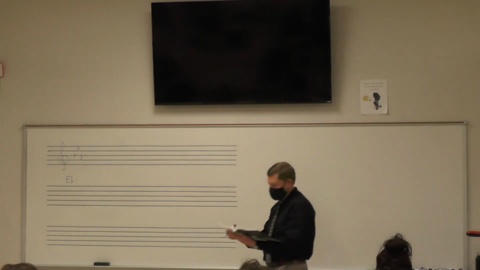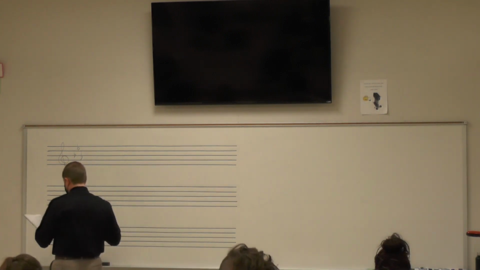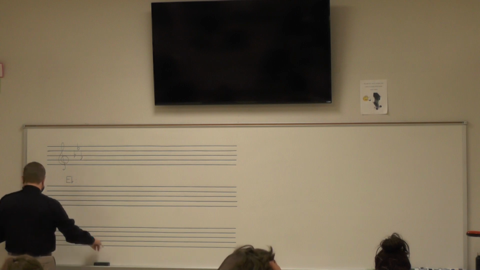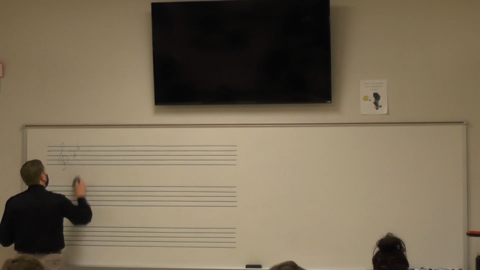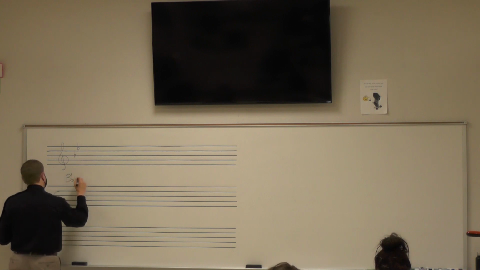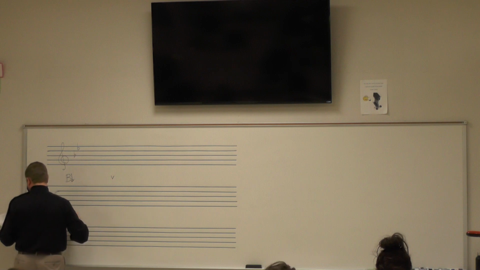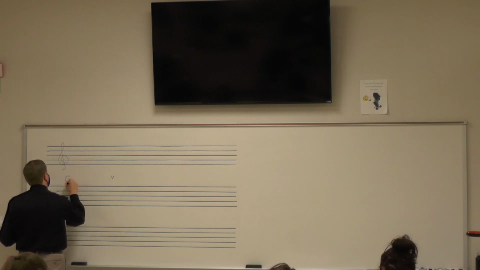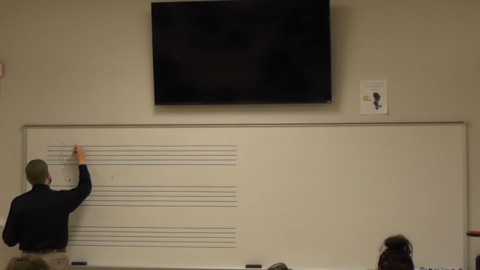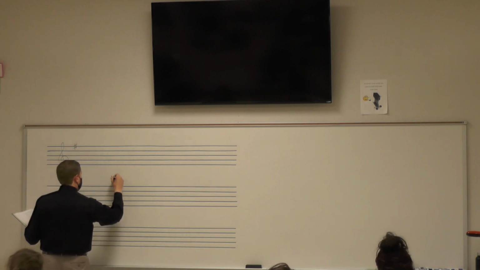Okay, so let's do maybe another one or two of these. Let me take another one or two out of the book. Let's go to B flat major. And let's try, well, you know what? Just for variety, I'm going to do another one. Let's try going in G. The signature is required.